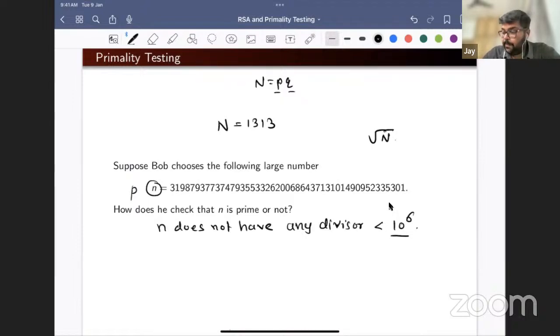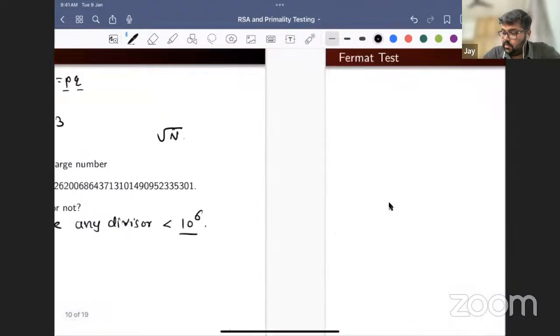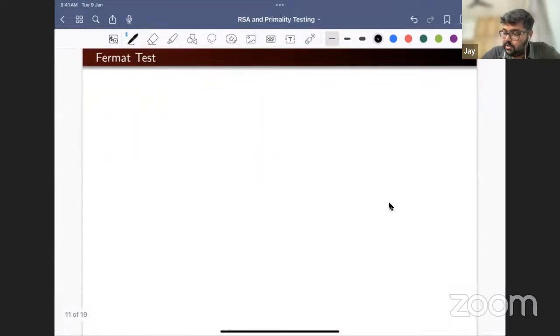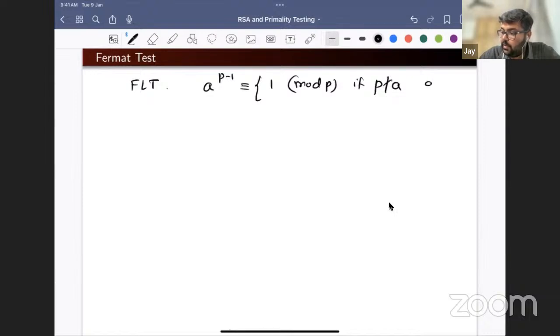It's not easy. So one is the test which is due to Fermat, which we have seen, Fermat's little theorem. A power p minus 1 is congruent to 1 modulo p if p does not divide a, that is GCD of a and p equals 1.